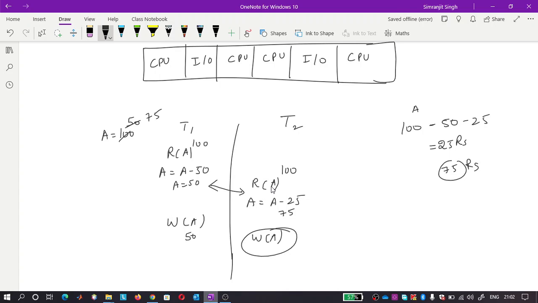That is why we need something called a concurrency control system. It is very much needed here. Only if we have a system in place that can deal with these things can we say that we have developed a robust system.